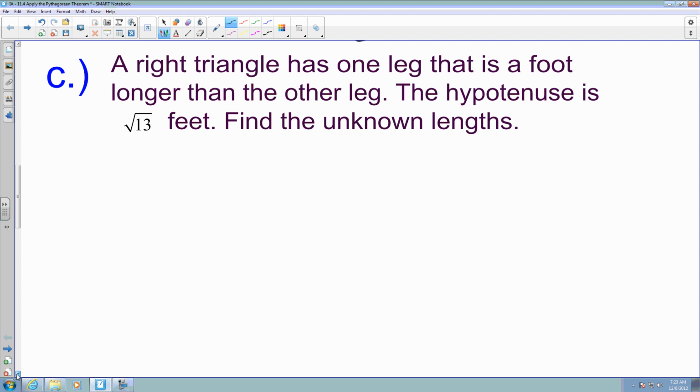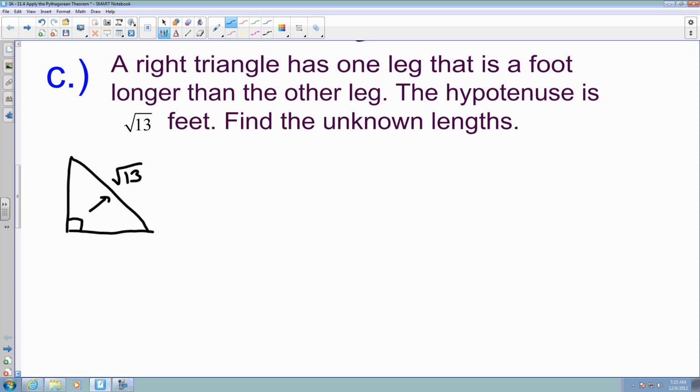So, when it comes to doing right triangles in the Pythagorean theorem, let's draw a picture. So I know that this is my right angle, and what they've told us is that the hypotenuse length is the square root of 13. So that is opposite of the right angle. So this distance here is the square root of 13 feet. And what did they tell us about the length of the two legs?